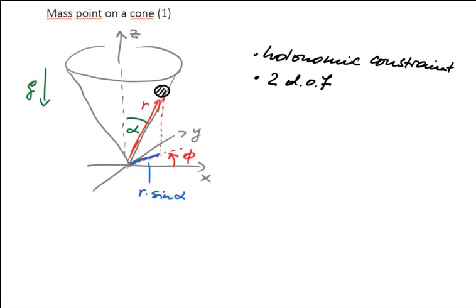Now from this you can deduce, if you take this projection and project it further onto the x and y axes, you recognize the transformation law. X as a function of r and phi is r times sine alpha, which is the length of this blue line, and that projected onto the x-axis gives us an additional factor cosine of phi.